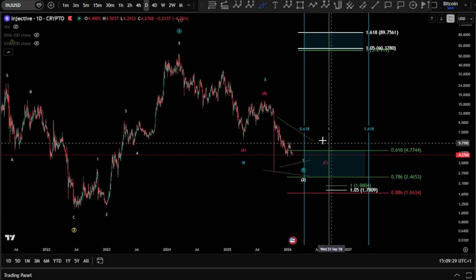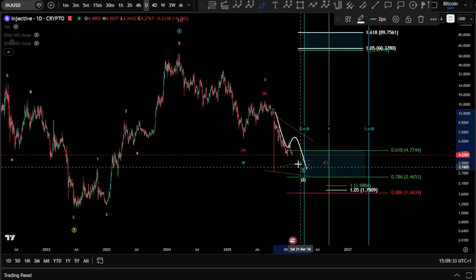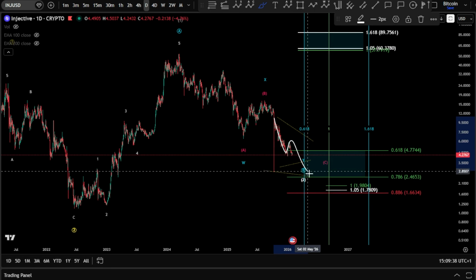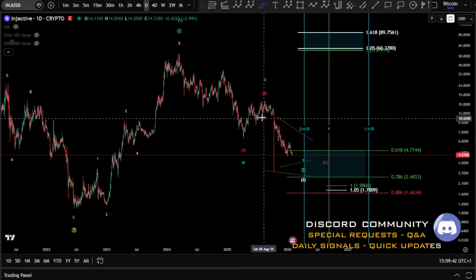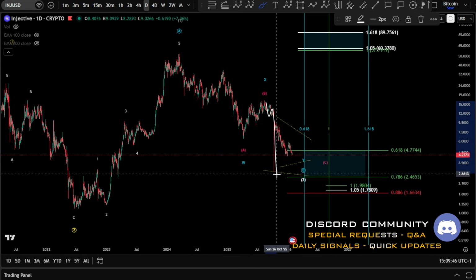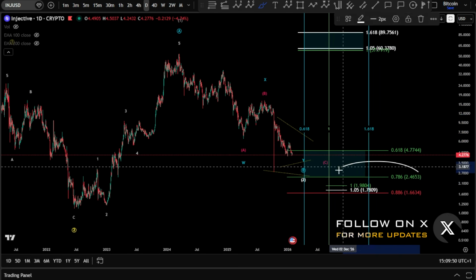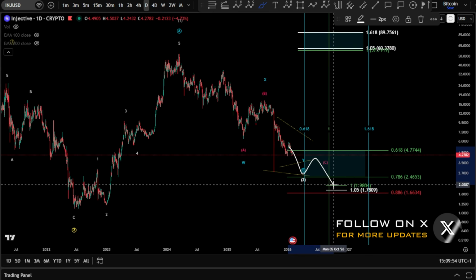And in this case, I would say that this can be a deeper correction, a deeper impulse, that it can unfold here a very deep wave Y. So we gotta be careful with it. In case it is an ABC, this is your zigzag wave 1, wave 2, 3, 4, and a 5. So yeah, there is a very likely scenario for Injective that it might dive deeper, guys.